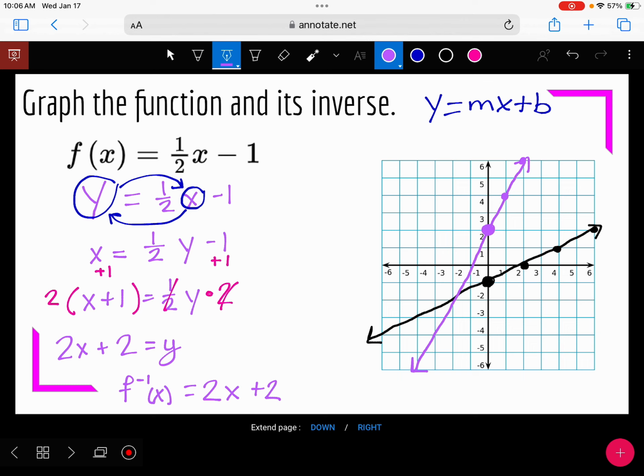And these two lines are super closely related. If you'll notice, we have right at 2, 0 and 0, 2. 4, 1, 1, 4. Our x's and y's have all been swapped.